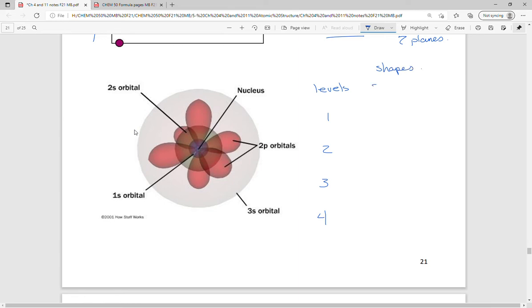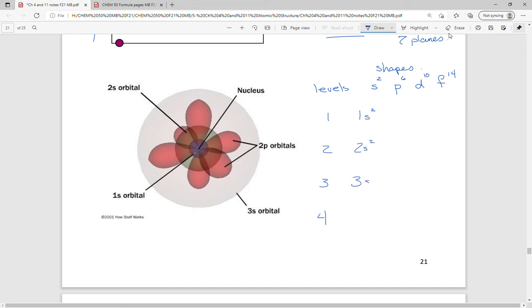And so the shapes were S, P, D, and F. And each of these shapes is going to have an energy level. Remember that I said the S holds 2, the P's hold 6, the D's hold 10 electrons, and the F's hold 14. And so you can basically make a chart filling this out.